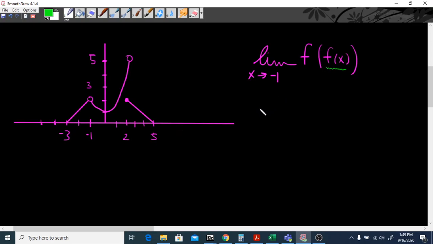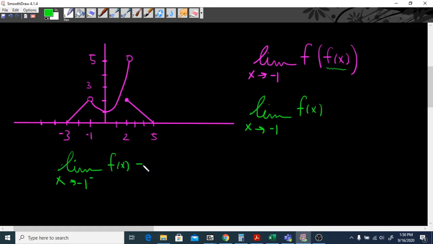Well, first, let's talk about the limit as x approaches -1 of just f by itself. Okay, so this, of course, involves a left-hand limit and a right-hand limit. So the left-hand limit as x approaches -1 from the left of f. Here's -1.